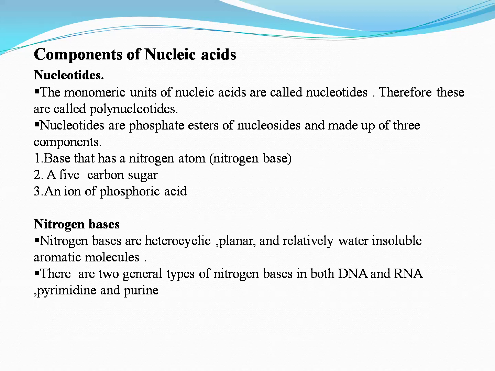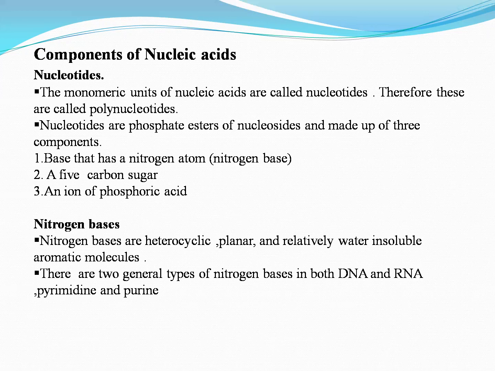Okay, we will discuss all the components one by one, and here we are going to discuss nitrogen bases. What are the nitrogen bases? Nitrogen bases are heterocyclic, planar, and relatively water insoluble aromatic molecules. Heterocyclic means a cycle having different atoms like carbon, hydrogen, oxygen, nitrogen, and it is cyclic, that is ring structure, and it has a planar structure.